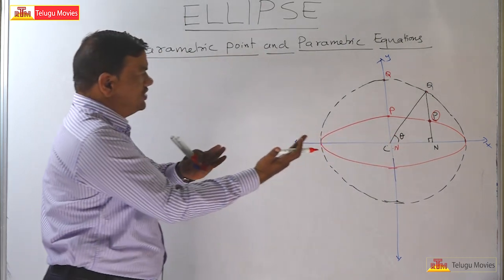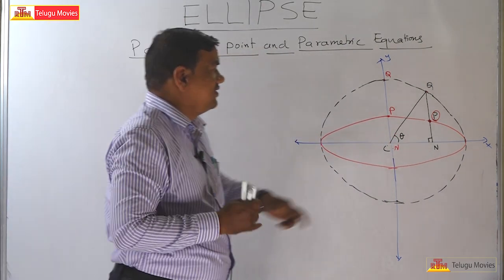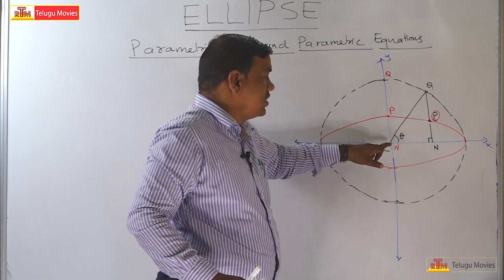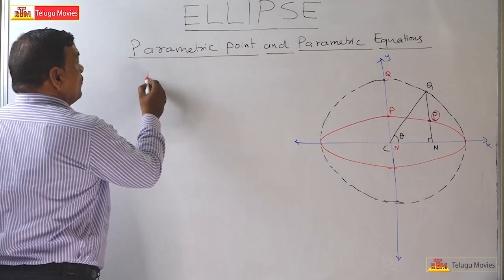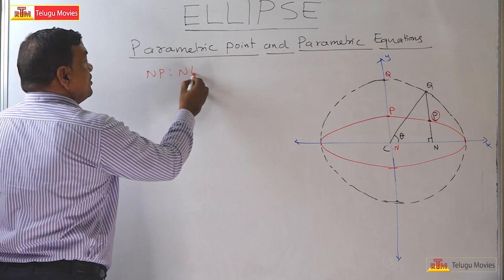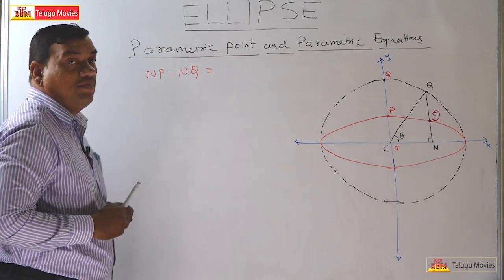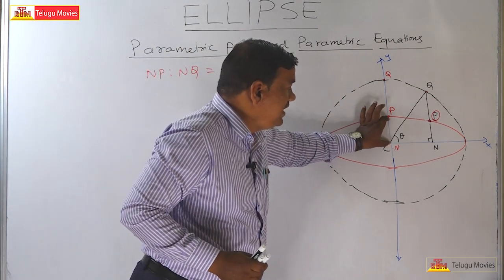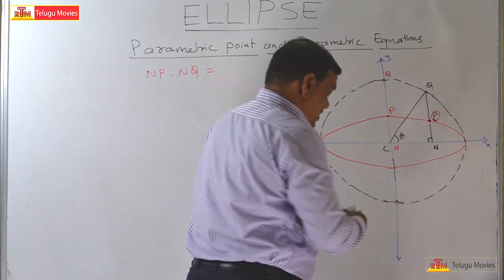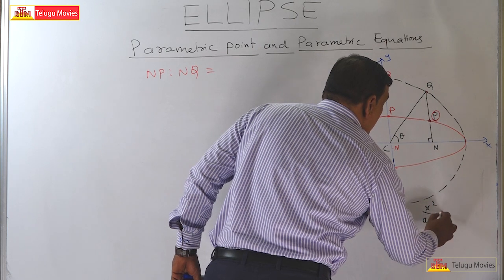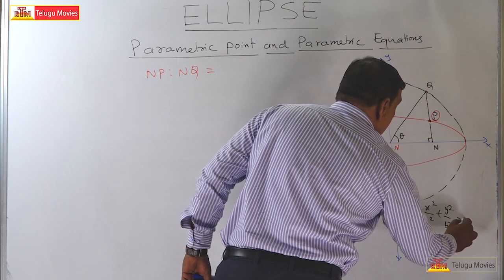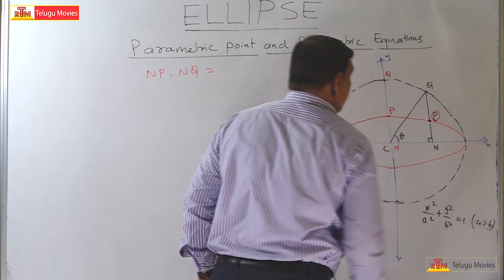See here, this line is NPQ. What is the ratio of NP to NQ? The equation of the ellipse is x squared by a squared plus y squared by b squared is equal to 1, of course a greater than b.